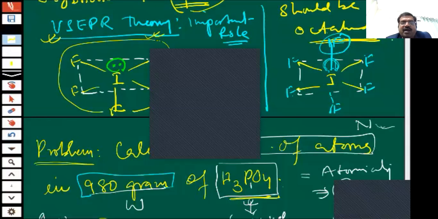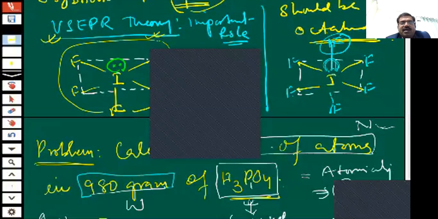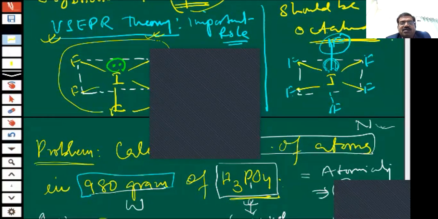Any more participants? Talat Naj 16 lone pairs.